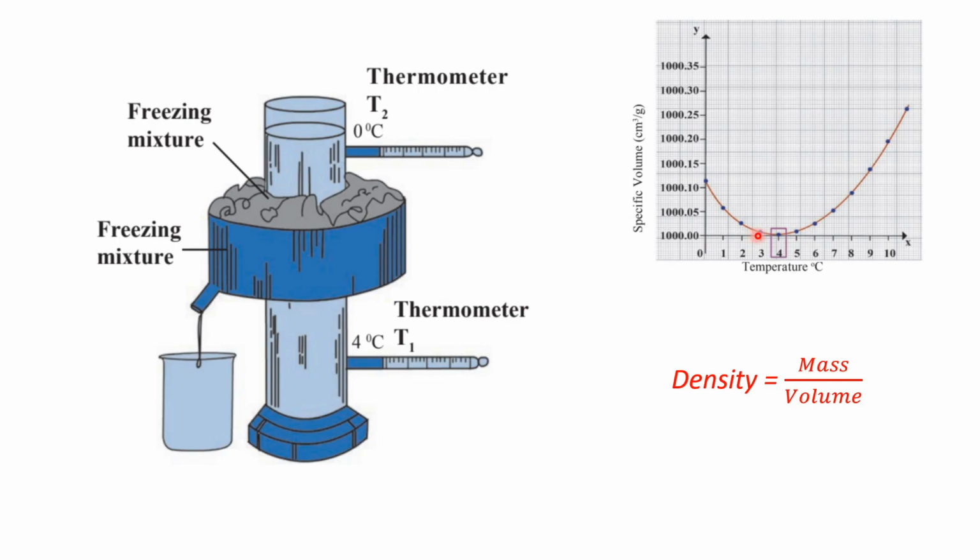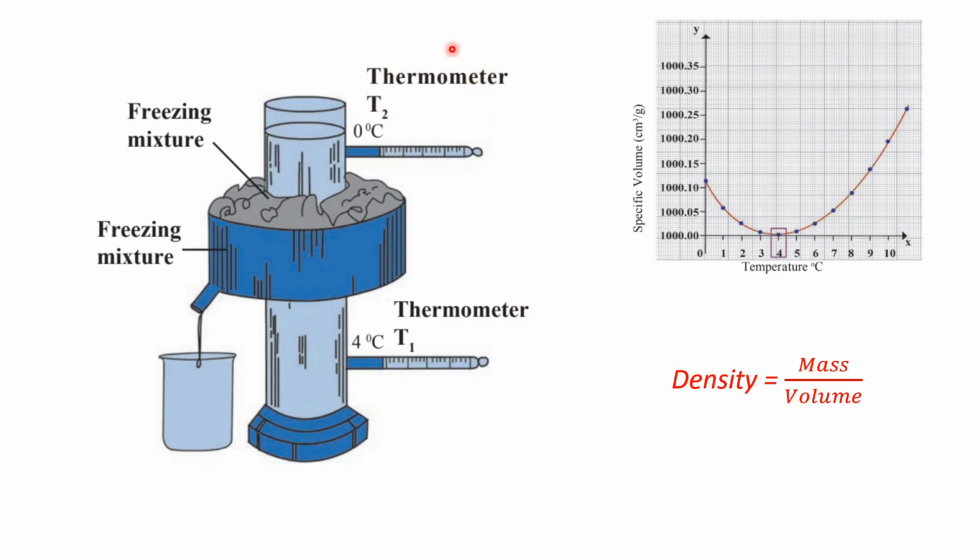As the temperature decreases, it traces this path from 4 degree to 0 degree, and as you can see in this graph, the volume starts increasing. And if the volume increases, by this formula, the density will decrease. And if the density decreases, this water will come upwards, because now the water has become light in weight because of the lower density. So all the water which was down here will move upwards due to its light weight.